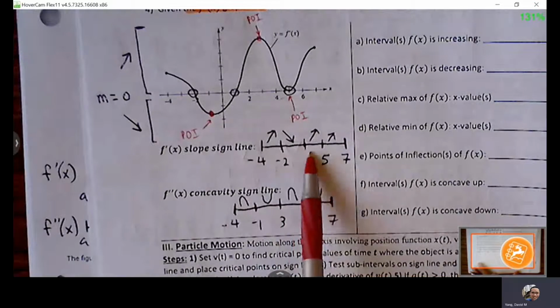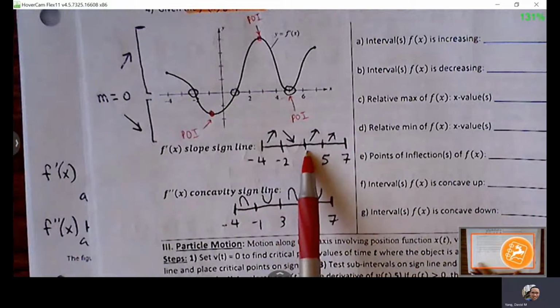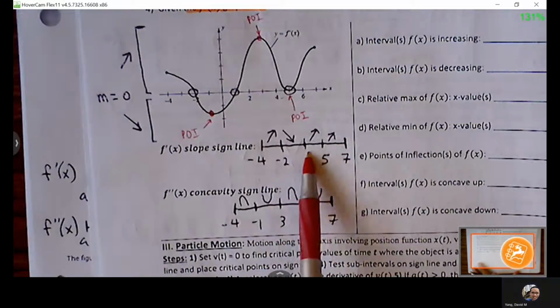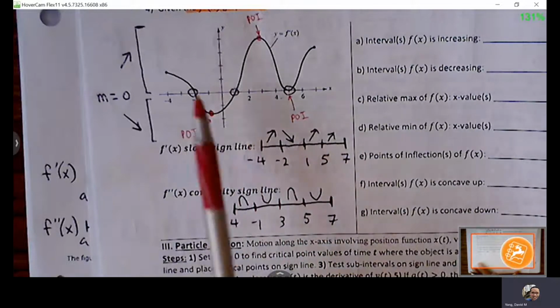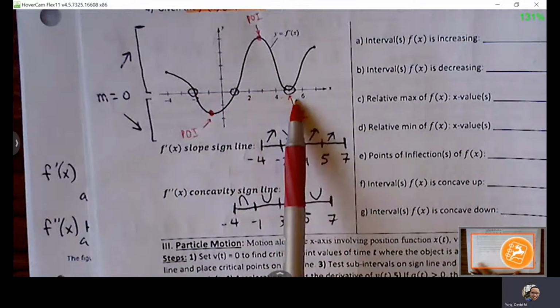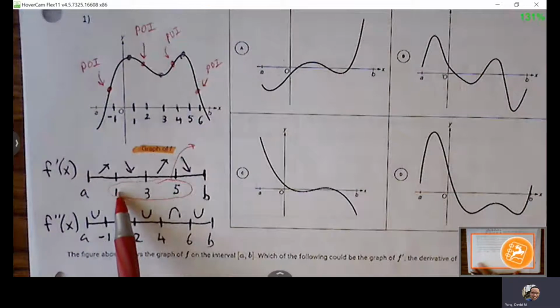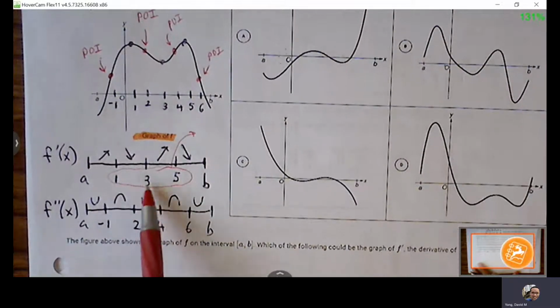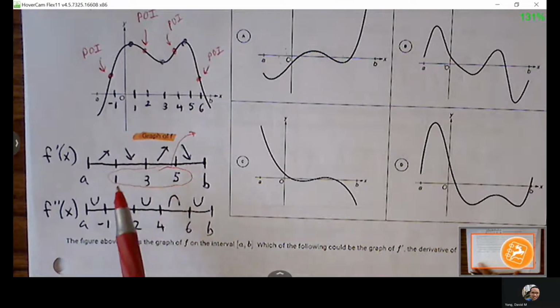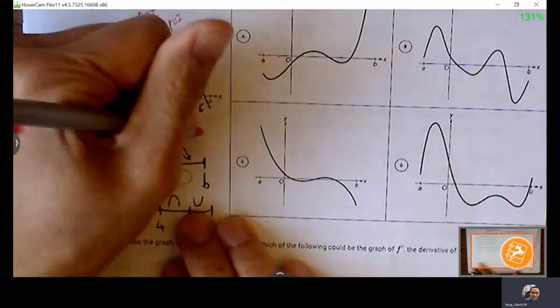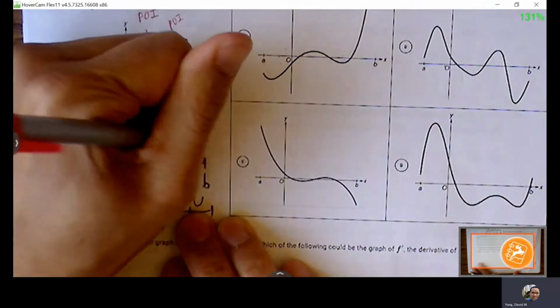Where did the relative max, relative min show up on the F prime graph? As x-intercepts, right? So that means we have to be looking for an F prime graph with how many x-intercepts? 3, right? 3 x-intercepts.